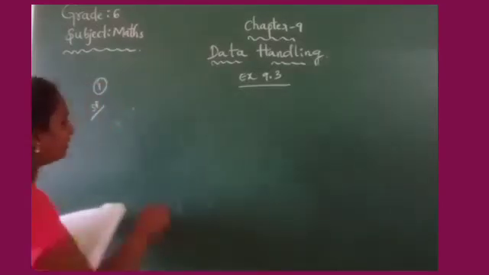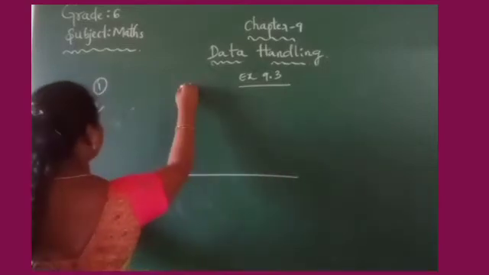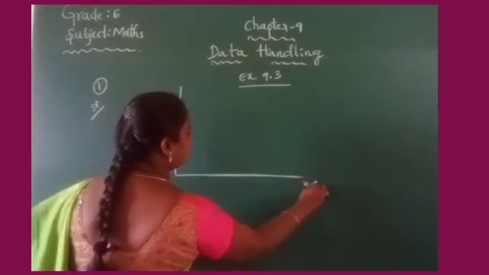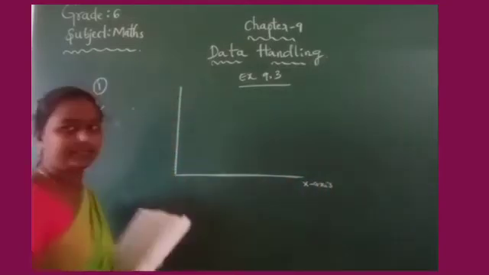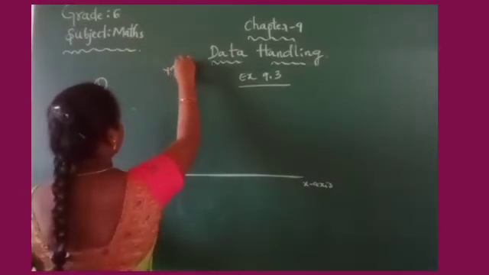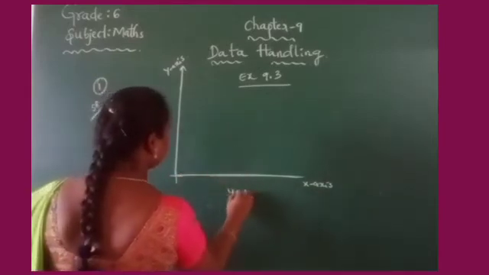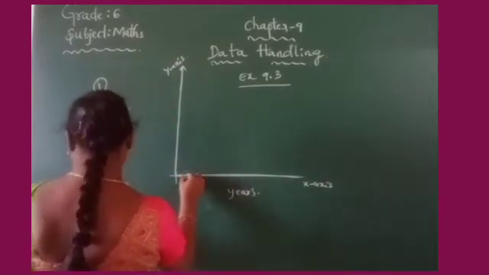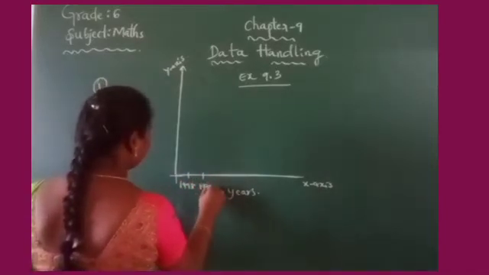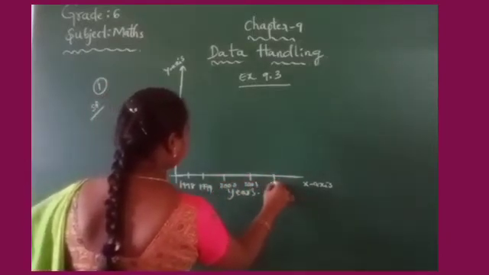Here we have to draw this picture in your notebook. Remember, the horizontal line is called the x-axis and this is the y-axis. On the x-axis we take the information about years: 1998, 1999, 2000, 2001, 2002.